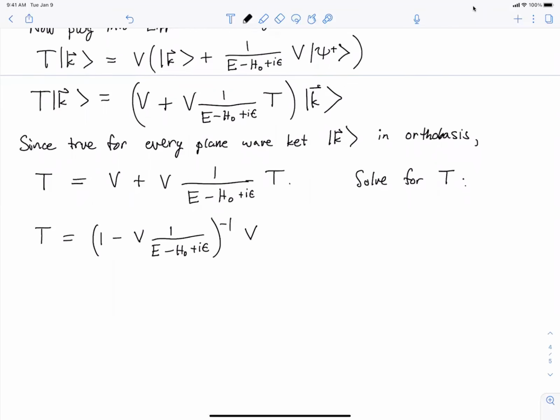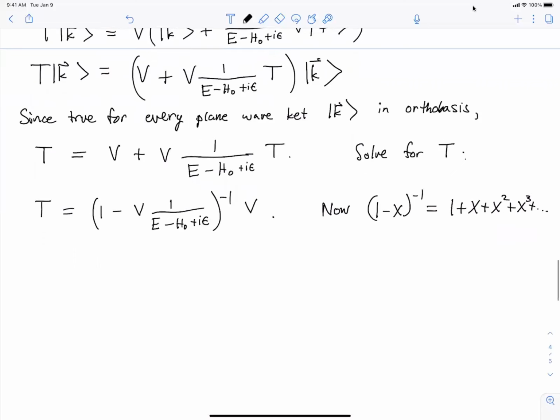But now we can simplify it a little bit by using the fact that when you have an inverse of 1 plus or minus something, that's not too bad. So if we have 1 minus x inverse, that has a series expansion, which is 1 plus x plus x squared plus x cubed forever and ever.